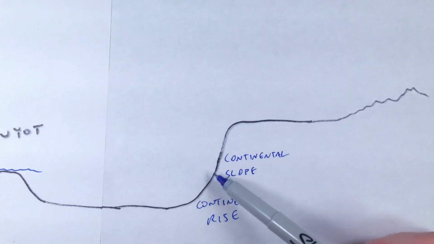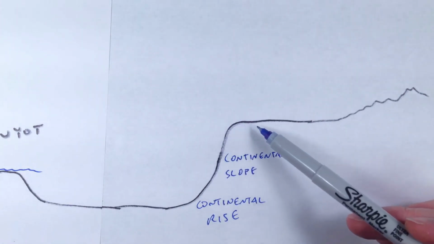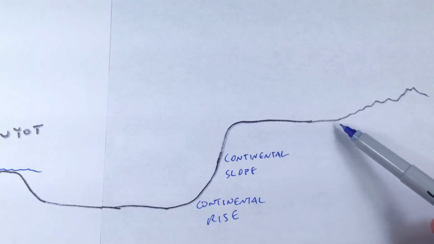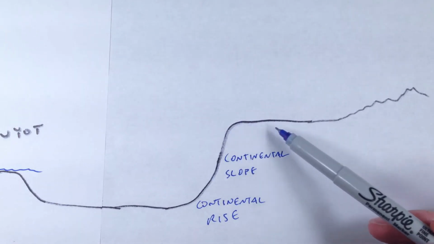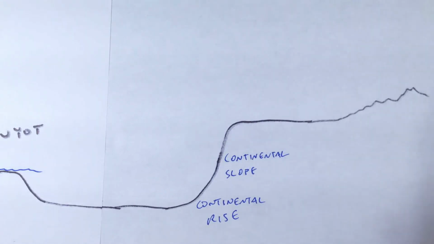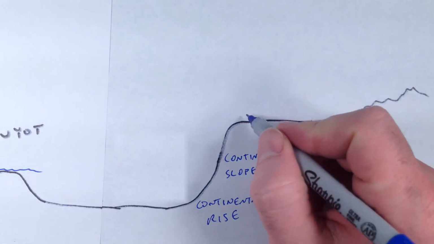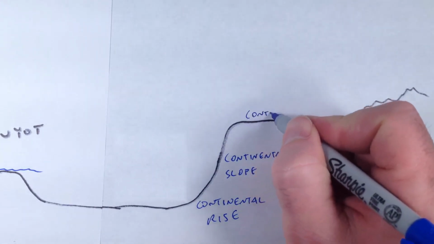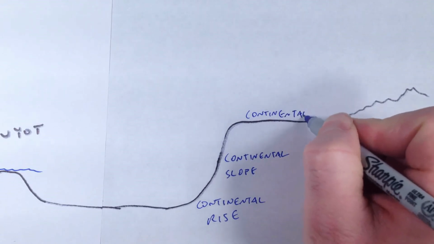Okay, now the Continental Slope leads up to this more gradual, gentle slope. And see if you can remember what that is called before I write it down. Just pause the video, remember it. So this would be the Continental Shelf.